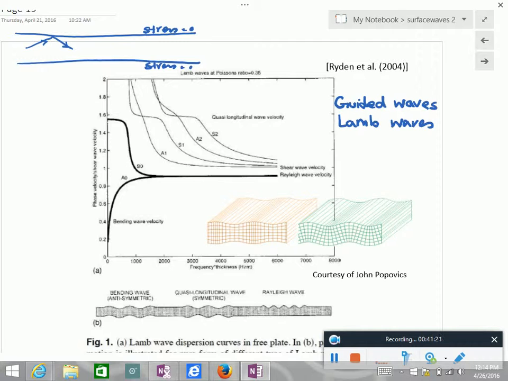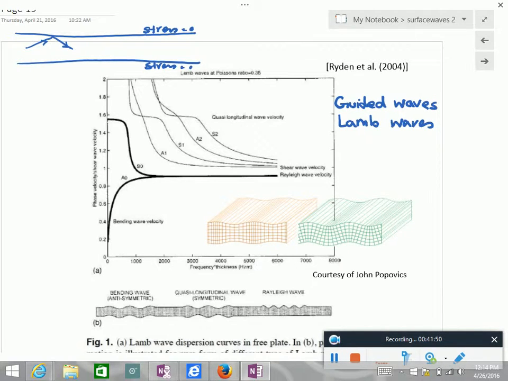Now if we come here, you have different other modes at the same frequency propagating at the same time. Now, what I showed you, the surface wave testing in the past, started in the 80s and 90s, and people were ignoring these higher modes.